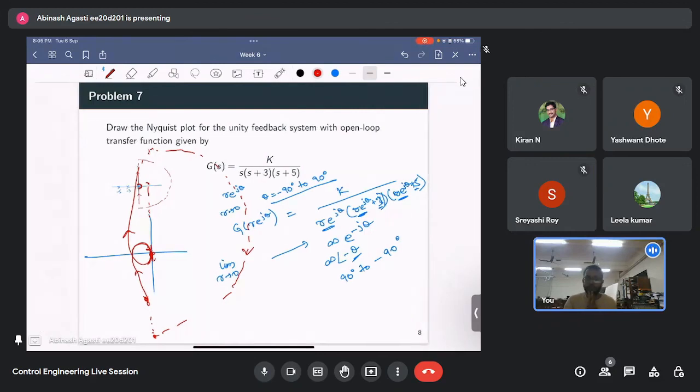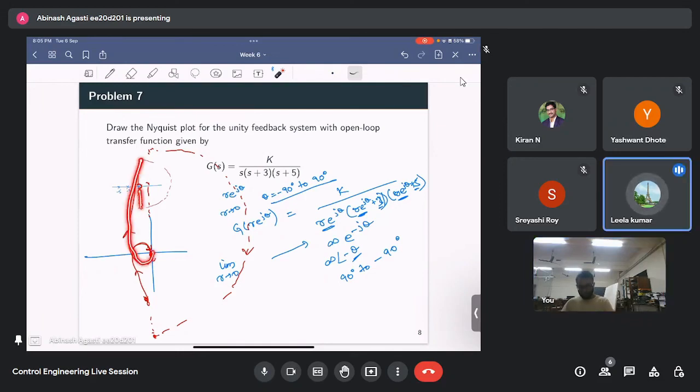Do you have any further doubts? Sir, one second. You are saying 90 and minus 90, I understood. But what you are plotting, I am not getting. See, when we plotted this part, minus infinity to 0, that is this one, correct?